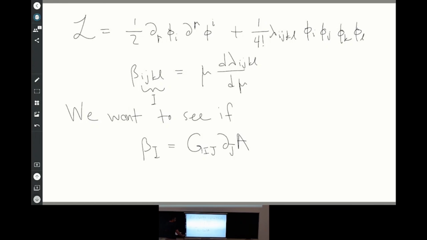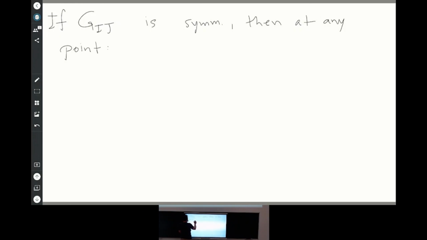And why do I need this extra constraint? A nice thing about it is that if G_ij is symmetric, then I can go to Riemann normal coordinates around any point, and then at any point in coupling space, I can write G_ij as essentially the flat metric.